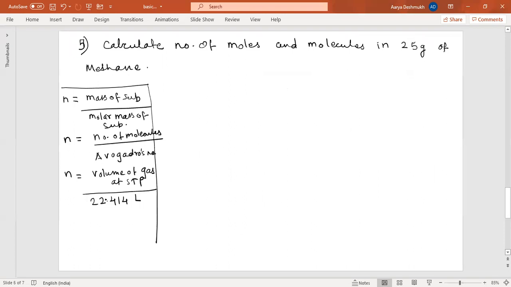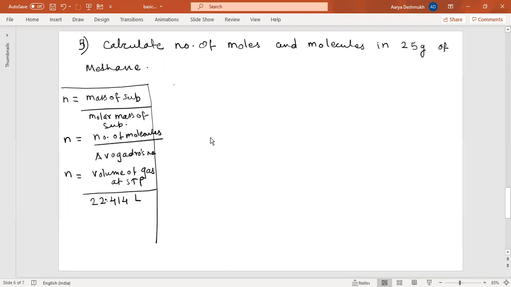Calculate number of moles and molecules in 25 gram of methane. Now I just wrote this again, that number of moles can be calculated by using these three different equations here.